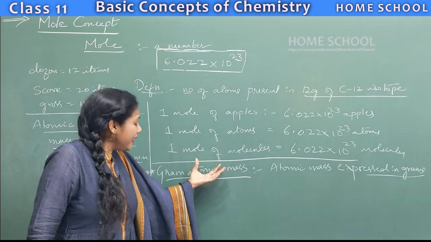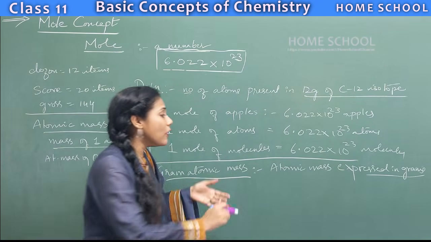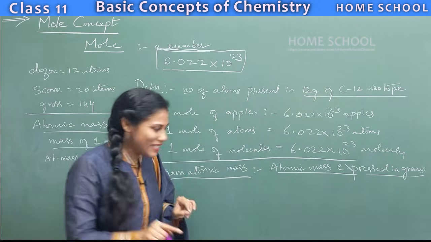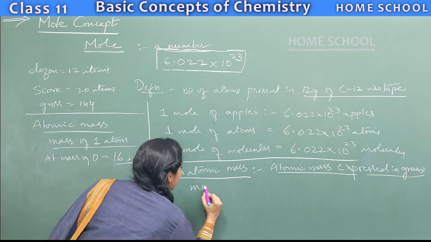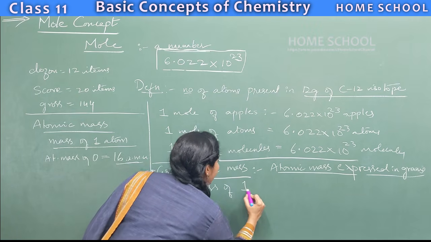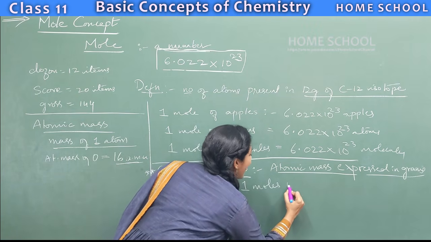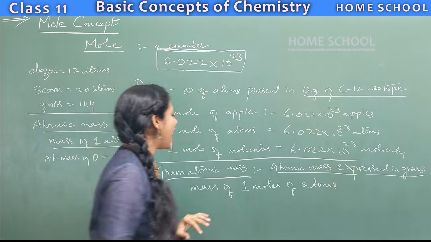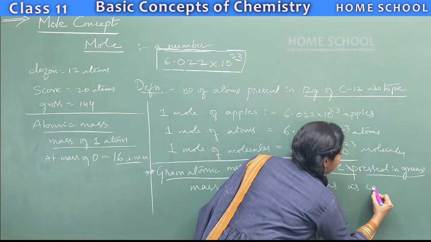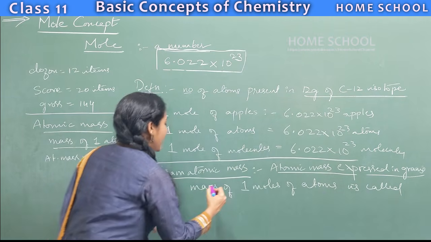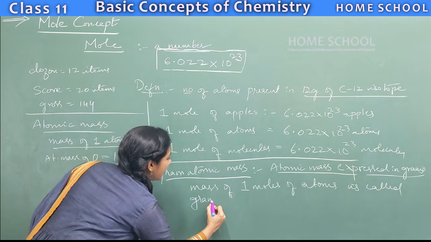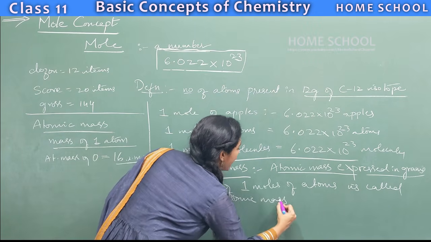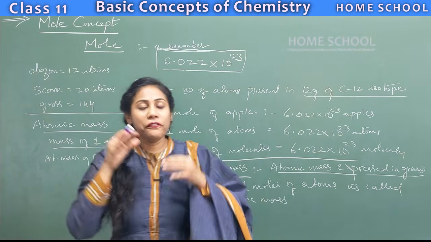What do you mean by atomic mass expressed in grams? It means that the mass of 1 mole of atoms is called gram atomic mass.